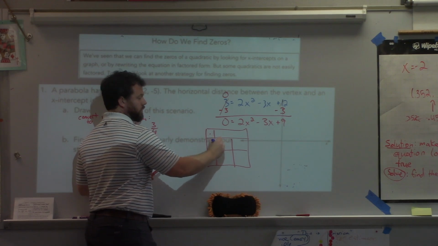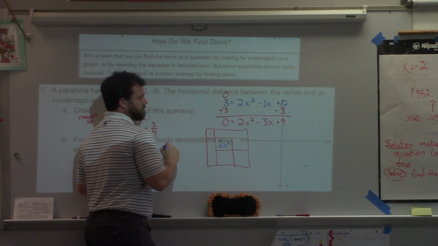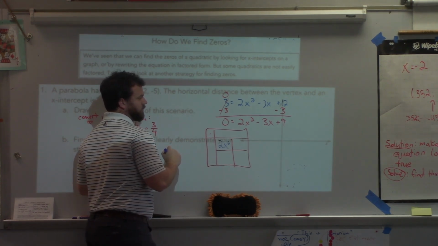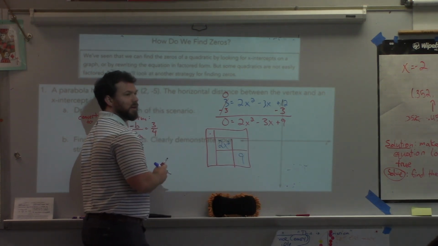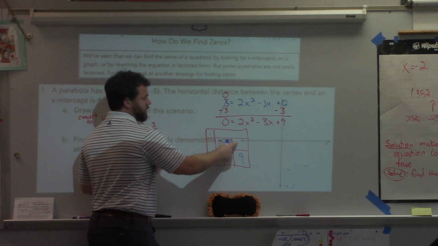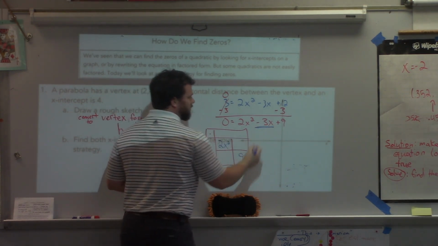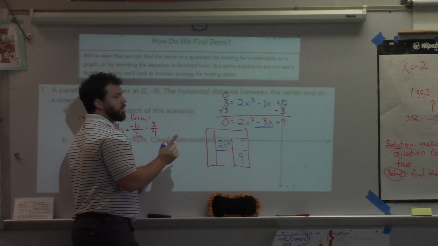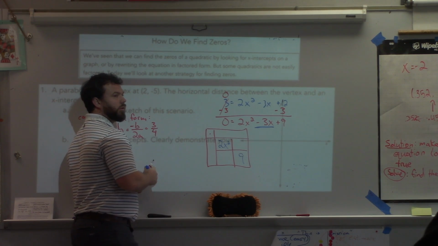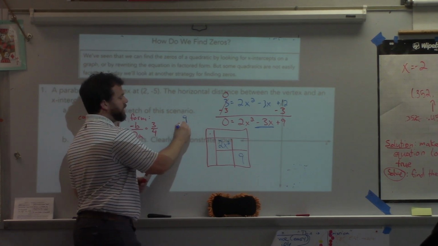Yeah, 2x squared, my quadratic term. And then the bottom one is that positive 9. Still got to find these to go right here. So I need factors of 9 that add up to negative 3. Are there factors of 9 that add up to negative 3?